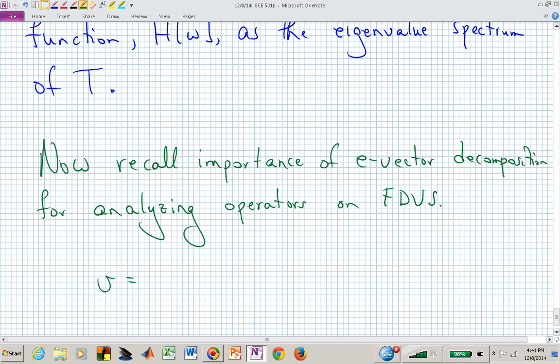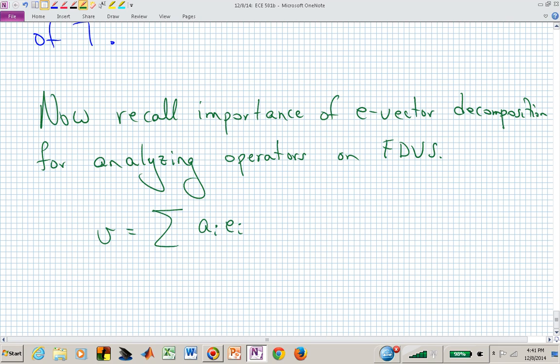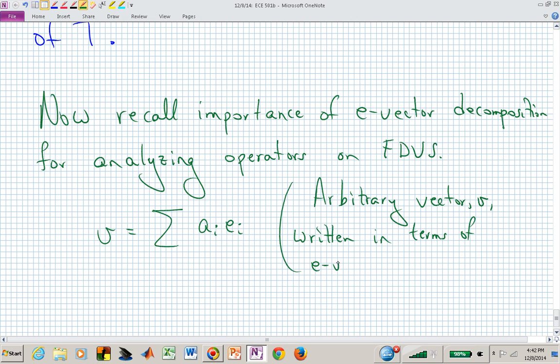Meaning, if somebody gave you a vector, you could decompose that vector in terms of some weighted sum of eigenvectors, where we might say, oh, that's a sub i, e sub i, summing over a finite number of eigenvectors e sub i, where v is some arbitrary vector that we're now writing in terms of this eigenvector basis.